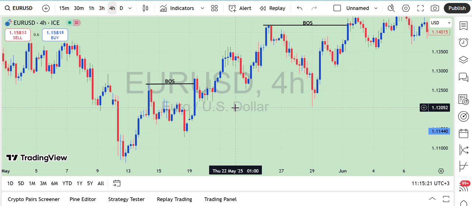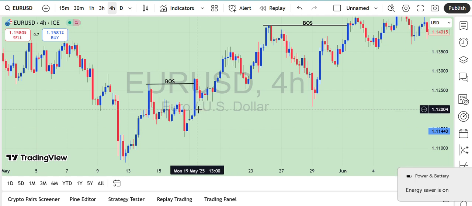An order block is different from a point of interest. A point of interest is a zone, an area where you expect the market to react from. And good order blocks should be inside a point of interest so that they can be very powerful.